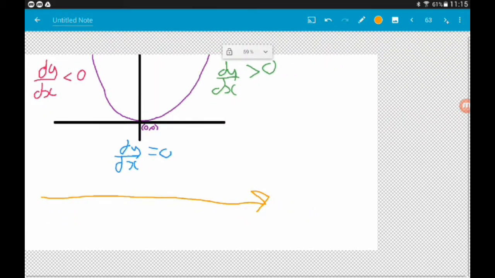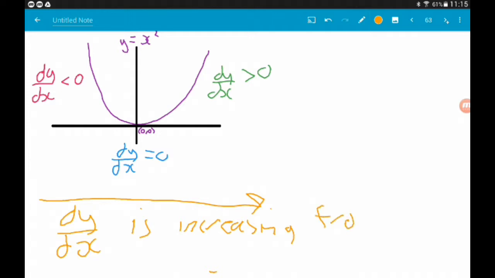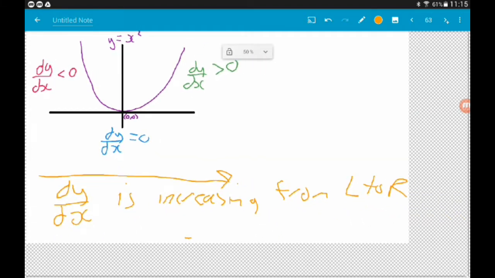So what we can say about the gradient then is from left to right, dy by dx is increasing. So we would say it has a positive rate of change.